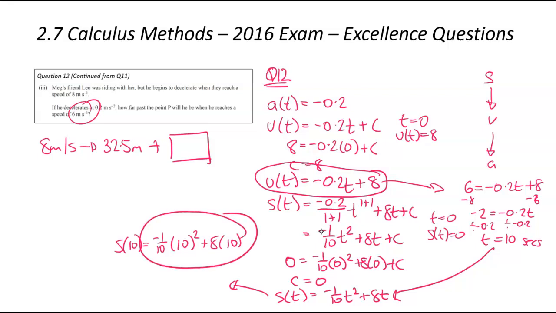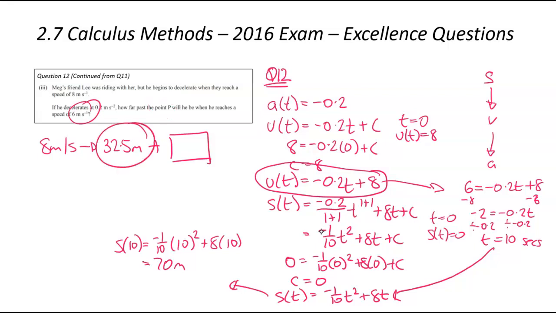Because we're dealing with fractions and decimals, I'll probably bang that straight into the calculator, and that's going to get me an answer of 70. So that's 70 meters. But just a reminder, that's 70 meters from when they hit 8 meters per second to when he hit 6 meters per second, not from the original point.